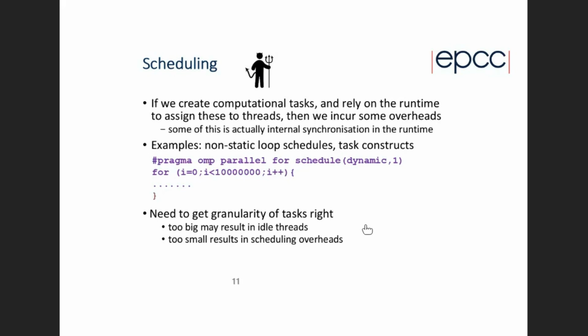But if your tasks are too small, each one executes too quickly, then you can just end up with lots of scheduling overheads instead. So it's often the case with dynamic parallelism like this that you need to think quite carefully about the granularity.